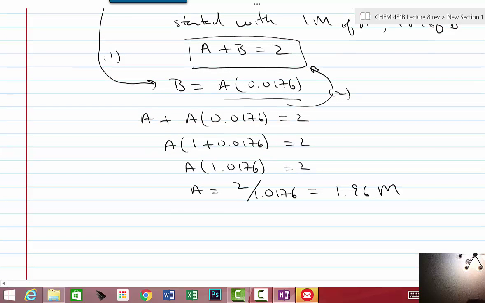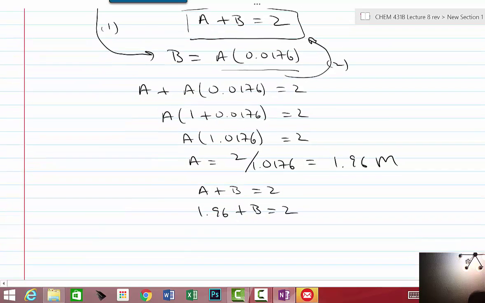Which again makes a lot of sense. The concentration of A is going to be very high, very close to 2, because it's an endergonic reaction. At equilibrium, I can figure out what B is, because I know that A plus B equals 2 molar. So 1.96 plus B equals 2.